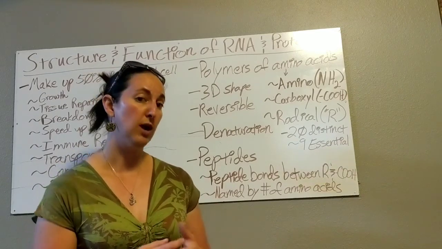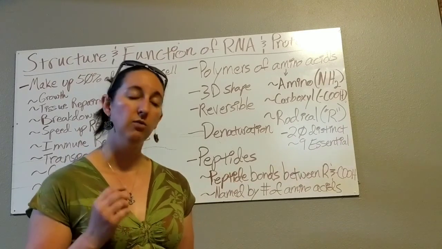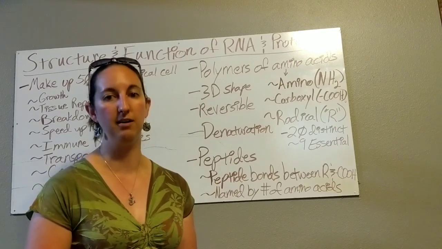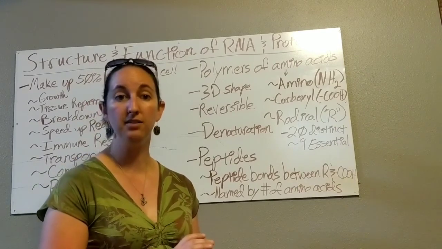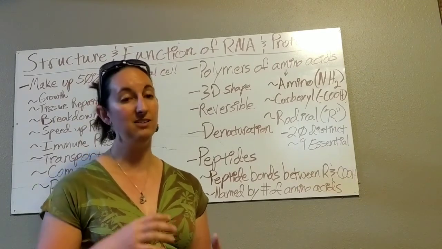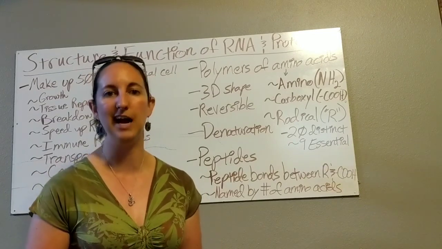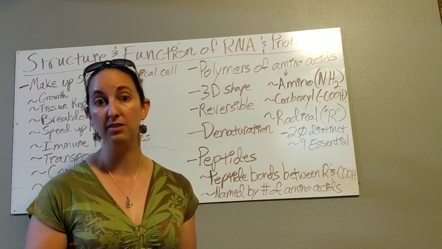So what do we do to try to prevent that from happening? Well, you can squeeze a little bit of lemon juice or lime juice on the surface of the avocado, and that will slow the browning process. And the reason is because it's destroying some of those enzymes that are going through that enzymatic reaction that causes the browning process.